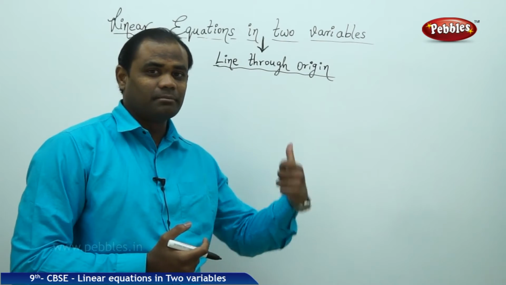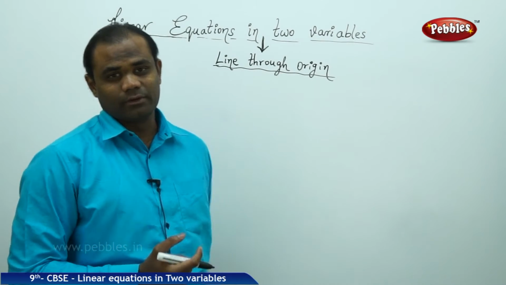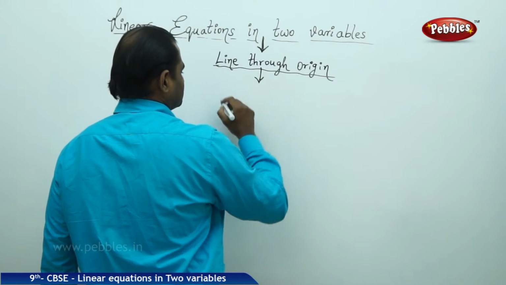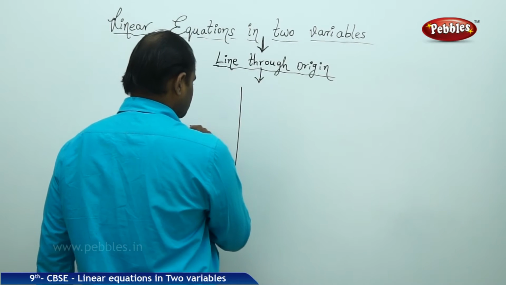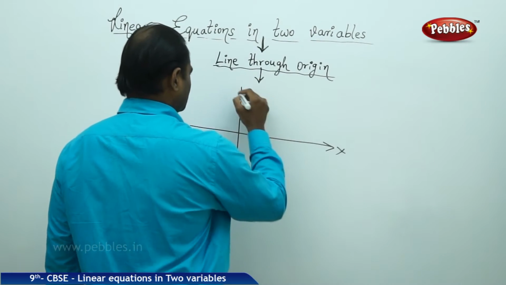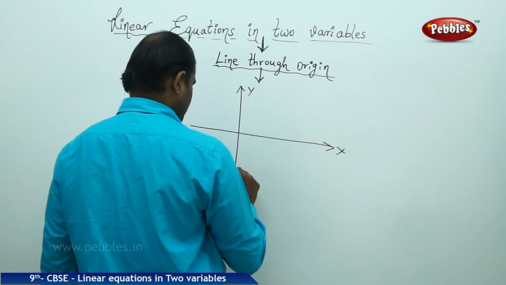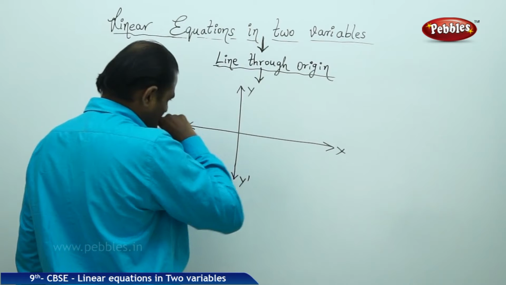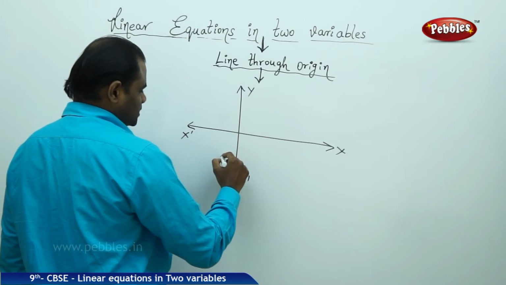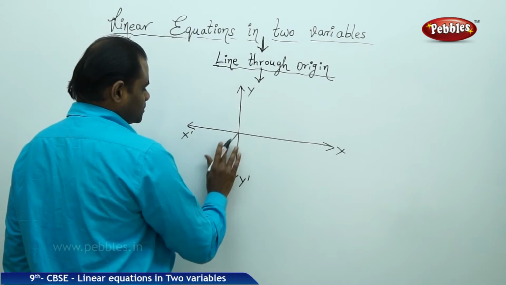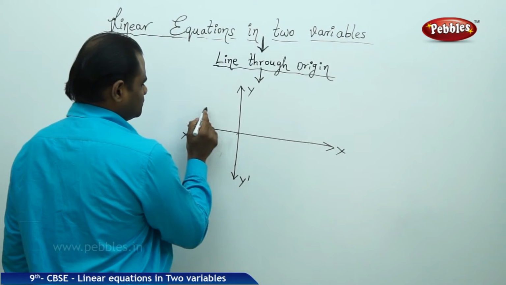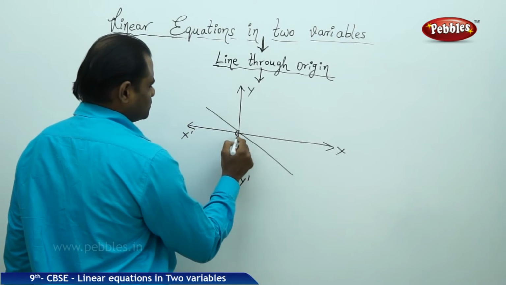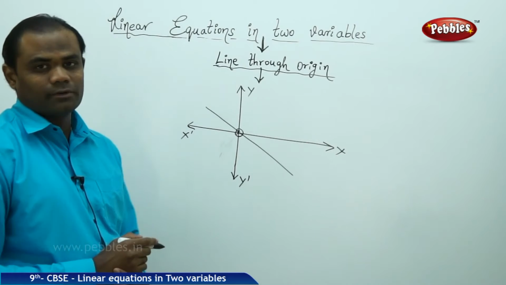So let's see in brief about a line through origin. For example, I have x-axis and y-axis. So I wanted to just identify a line which passes through origin.